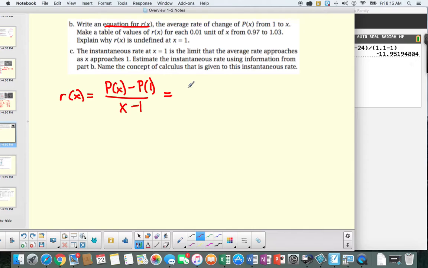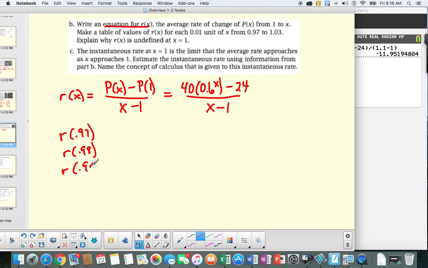So p of x, remember, is 40 times 0.6 to the x, and we know p sub 1 is 24, all over x minus 1. And we're going to put our different values in there, like 0.97 and 0.98, 0.99.